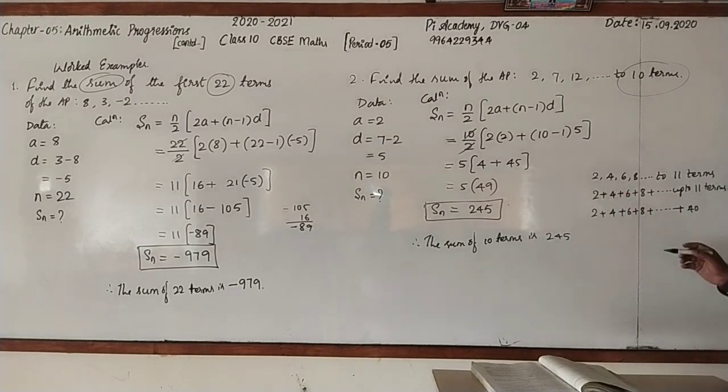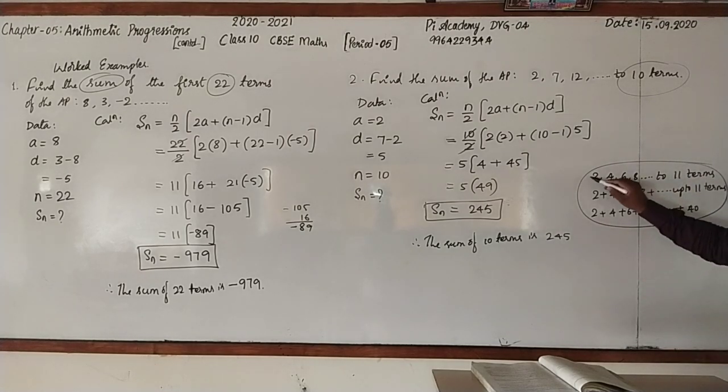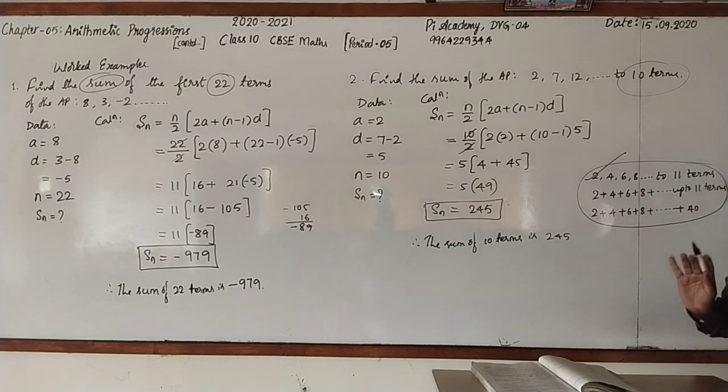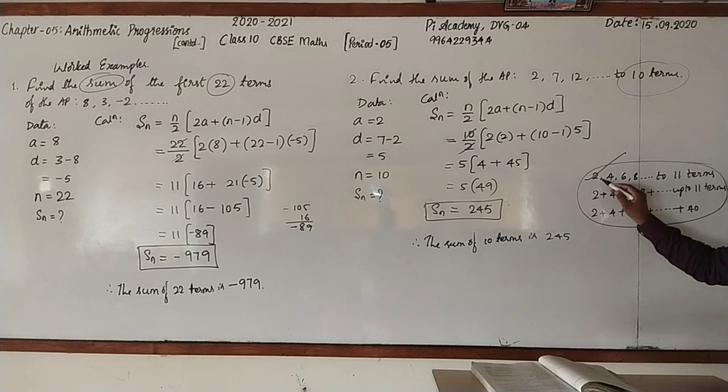Dear students, observe here. Here I have written 3 statements. There is a difference. Observe the first one. In the first one, these are the terms in an AP, right? And in this AP there are 11 terms. They may ask you to find the sum of these terms up to 11 terms.